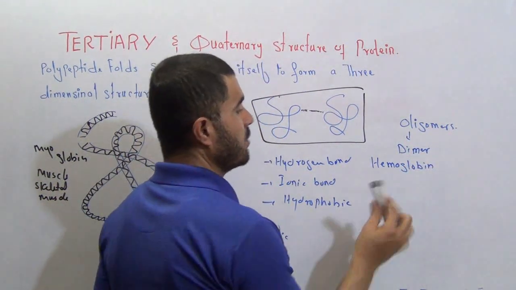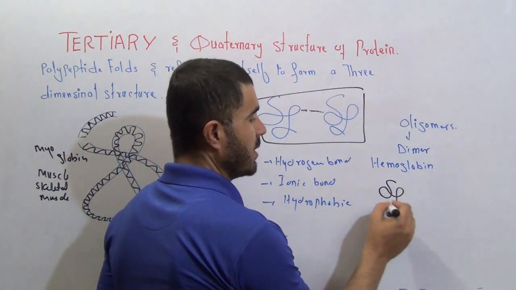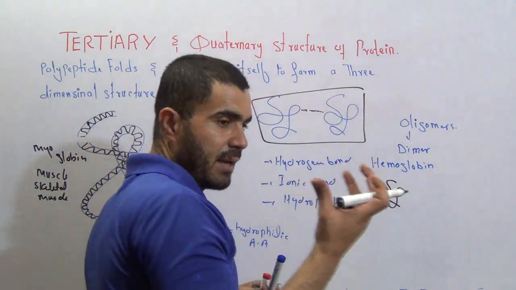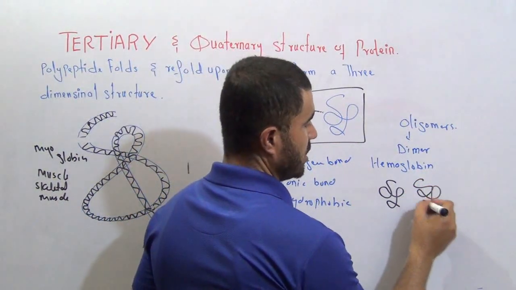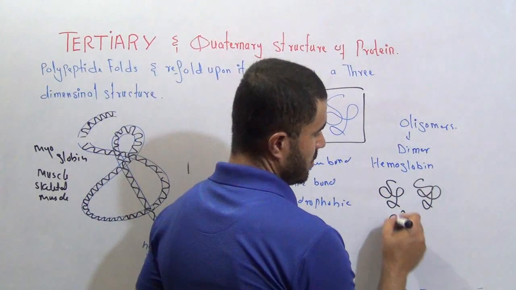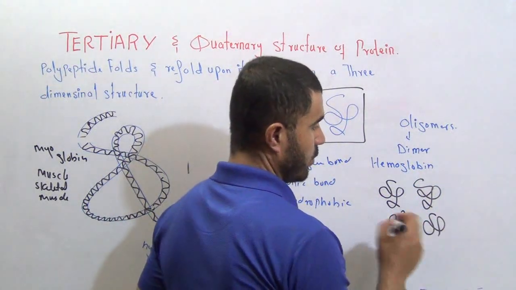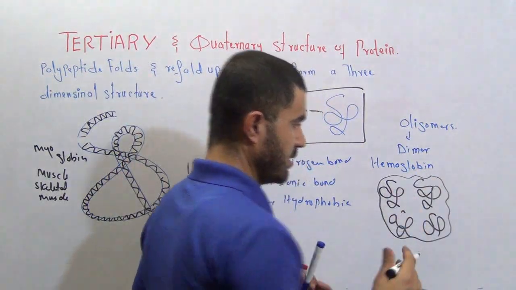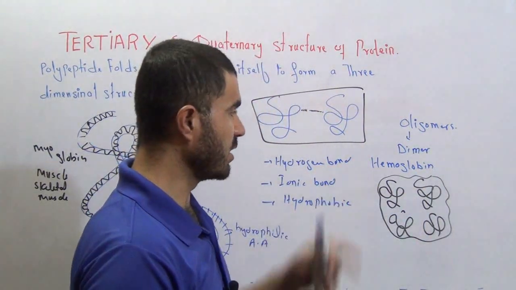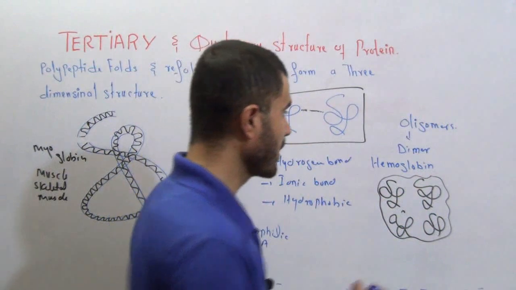Why? Because in hemoglobin you will see one three-dimensional tertiary structure, a second three-dimensional tertiary structure, third and fourth. These four chains are connected with one another, and we give the name hemoglobin to it.